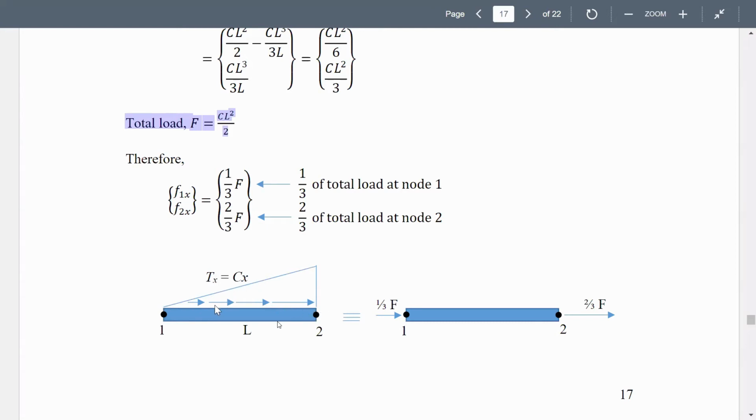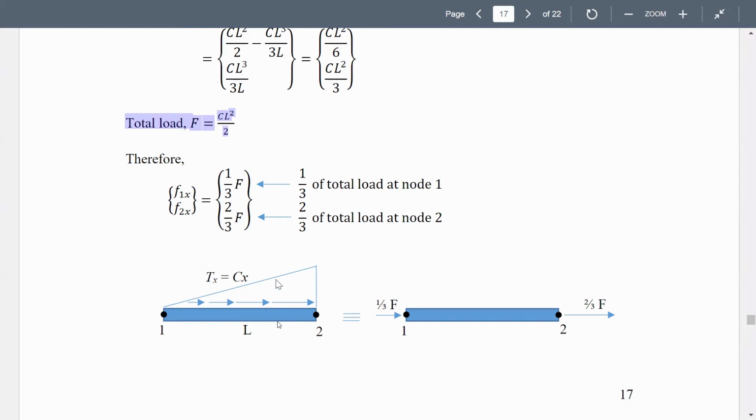This is the traction. We said that the finite element method doesn't like this distributed load. We need to find the equivalent concentrated forces, like this one. F1x is 1/3 of the total force, which applies at node 1, and at node 2, 2/3 of the total force applies.